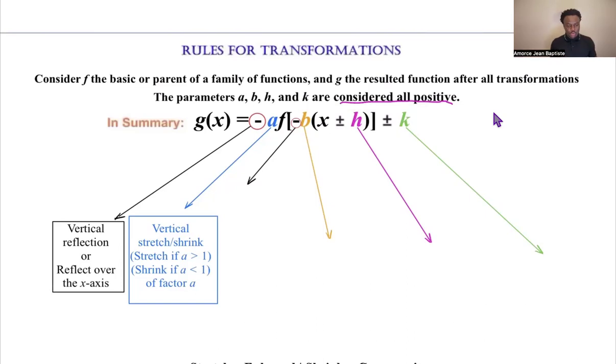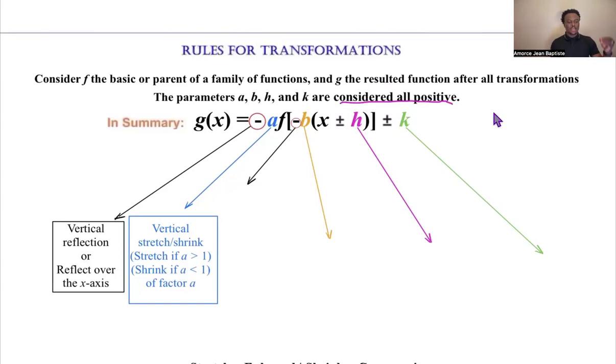It's a stretch when A, that value outside, is a number greater in value than 1. If it's smaller than 1, then you're going to have something that is a shrink. So it's always going to be a vertical. It's outside, number, vertical, shrink or stretch. Stretch greater than 1, shrink smaller than 1.